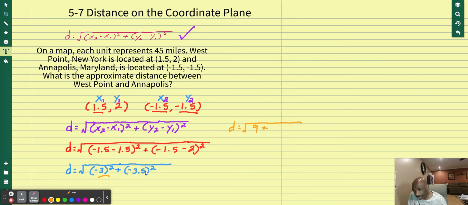Negative 3.5 here to the second power is 12.25. Now, what do we do here? We add those two numbers together and we get 21.25. That's 9 plus 12.25.